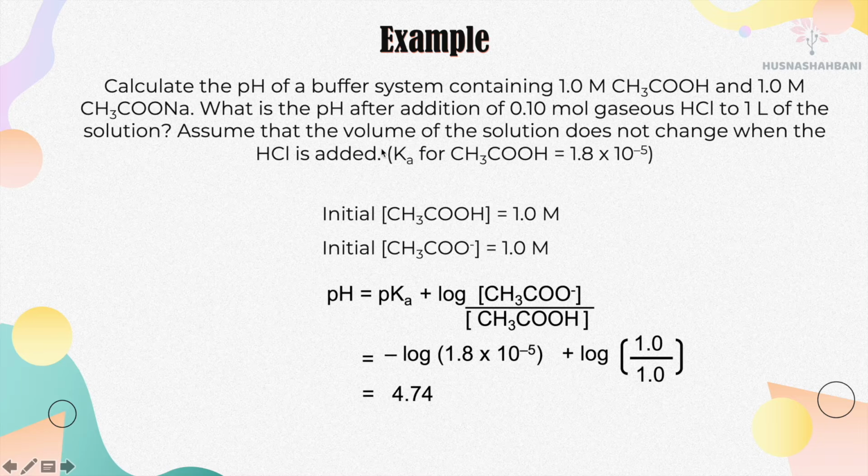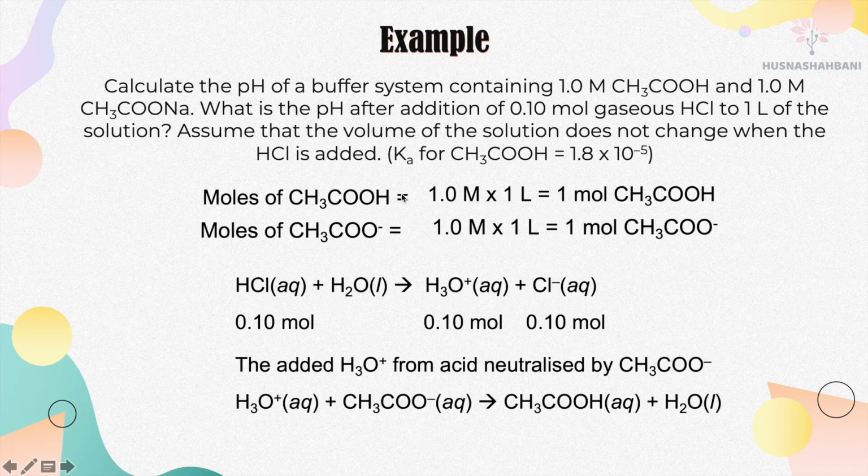This is the pH. Next, we need to find the pH when you add 0.1 mole of gaseous HCl. When you add this, you need to find the concentration. So the concentration is 0.1 mole over this liter.